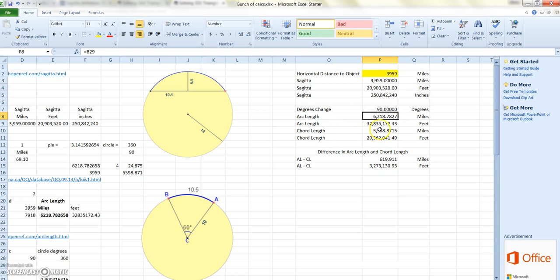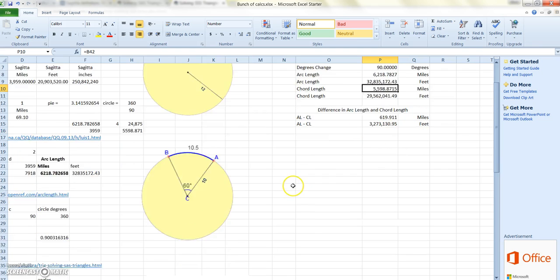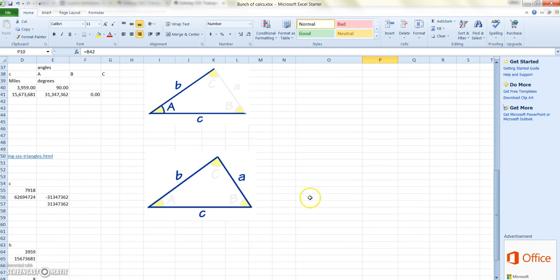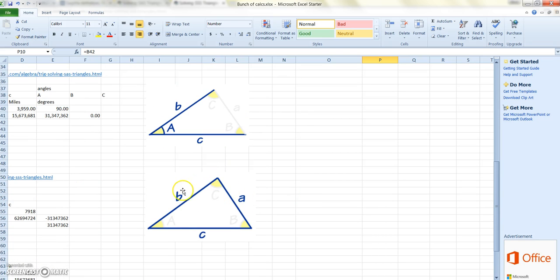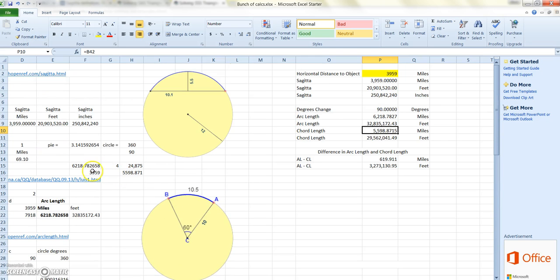Now, this chord length number, is that one correct? Well, if I take 5598, I know this is a 90 degree angle, and I know a squared plus b squared is equal to c squared. So if I plug that formula in, I have 3959, because I'm going this way, is my radius squared, plus my radius squared, is equal to c squared.